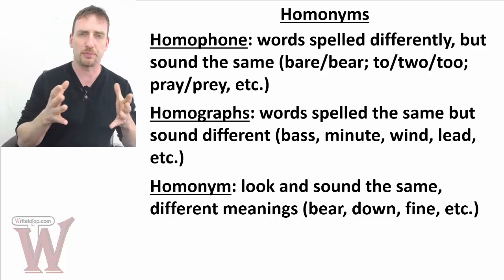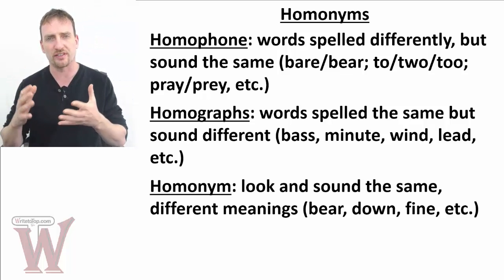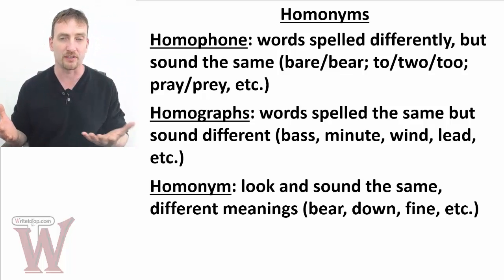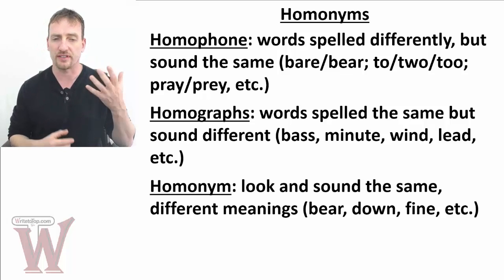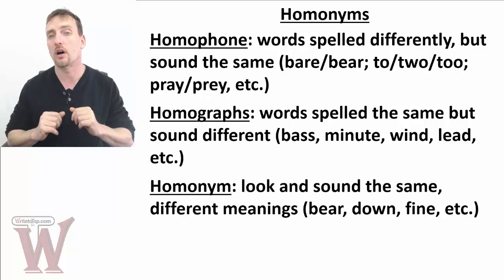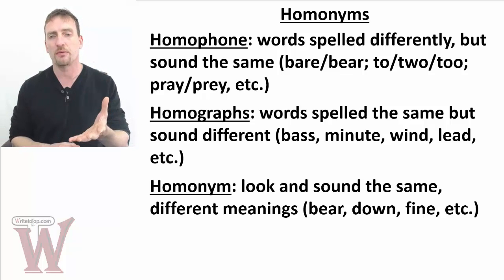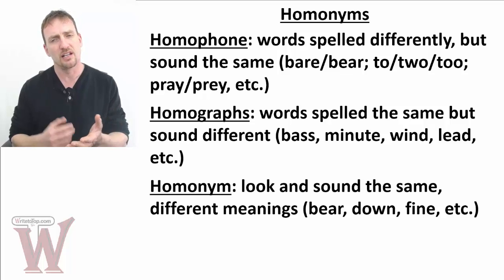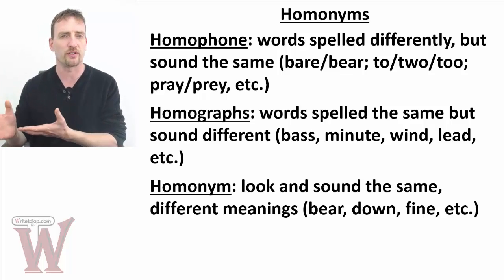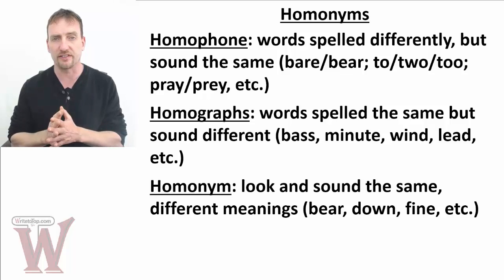So homonyms basically are broken down into two different categories. Sometimes there are three categories, depending who you ask. We have homophones, homographs, and what some people call true homonyms, okay? So homophones are words that are spelled differently but sound the same. So I think all of you know two, too, and to have very different meanings, but they sound exactly the same.